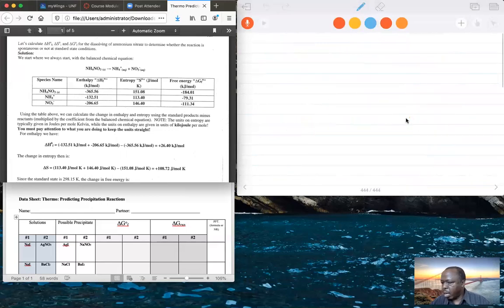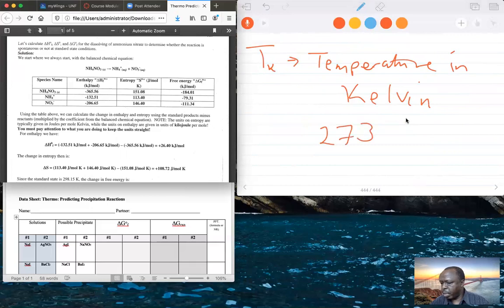You change to Kelvin by adding 273 to the degrees Celsius. You can use 273.15, or 273 is fine.